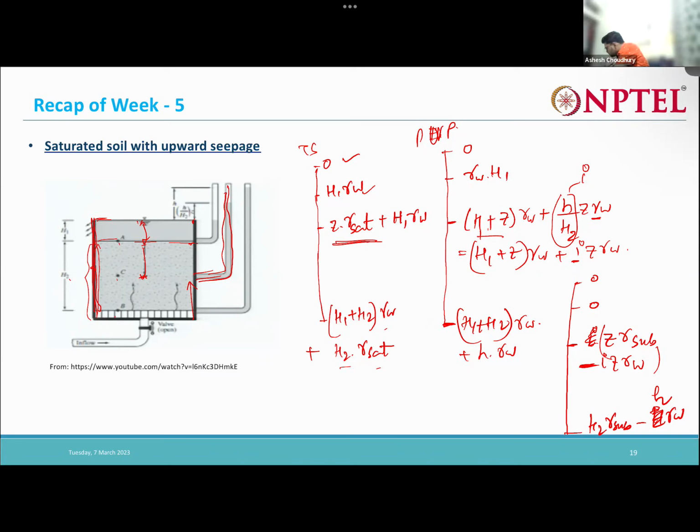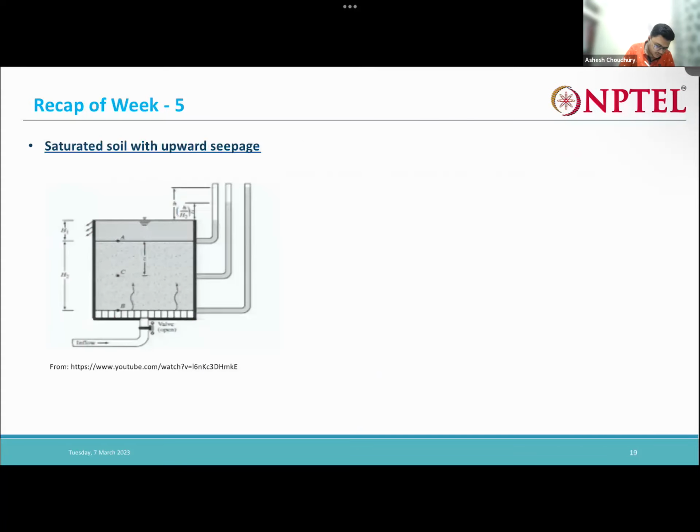It's problem number 4 of assignment 6. Okay, downward flow you are saying. I will just draw the downward flow.